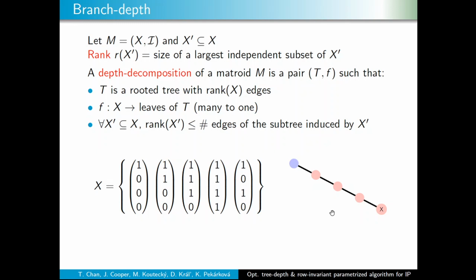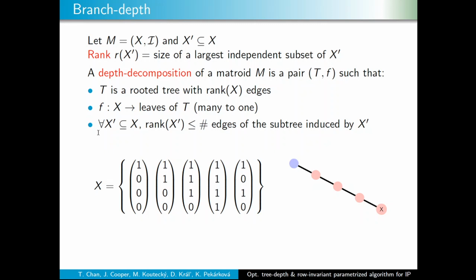And I'm assigning all matroid elements, so these vectors here, to the only leaf in T. This assignment I'm going to call my f in my depth decomposition. So now we need to check that the rank inequality holds for all X prime.